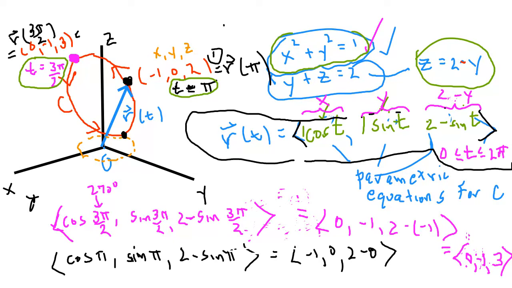In the example in the book, they have a point 0, 1, 1 down here. That would equal r of what angle? What would 0, 1, 1 be, given these are your components? That's right, r of pi over 2.